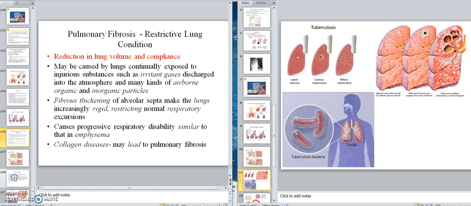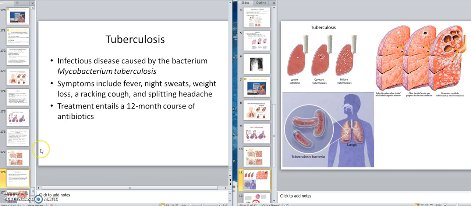Okay, let's go to another one real quickly here. Tuberculosis, you've heard of it. It's caused by the Mycobacterium tuberculosis bacillus. There it is. Generally, it starts in the apex. Tuberculosis likes a lot of air. The apex has a better flow of air. Remember the V to Q ratio?